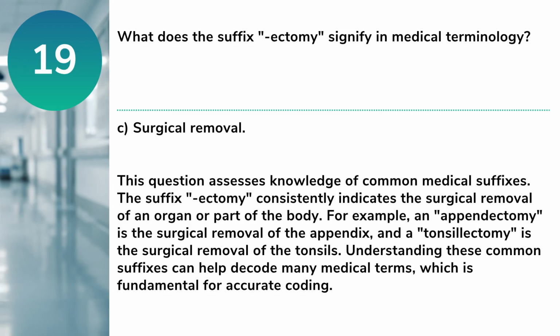This question assesses knowledge of common medical suffixes. The suffix ectomy consistently indicates the surgical removal of an organ or part of the body. For example, an appendectomy is the surgical removal of the appendix, and a tonsillectomy is the surgical removal of the tonsils. Understanding these common suffixes can help decode many medical terms, which is fundamental for accurate coding.